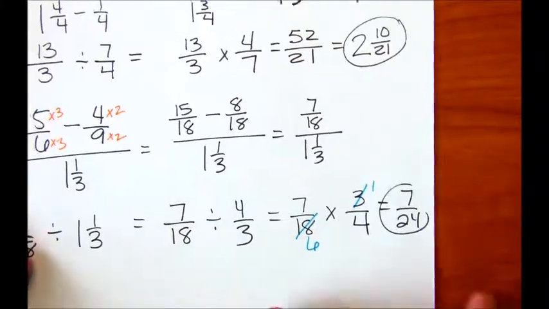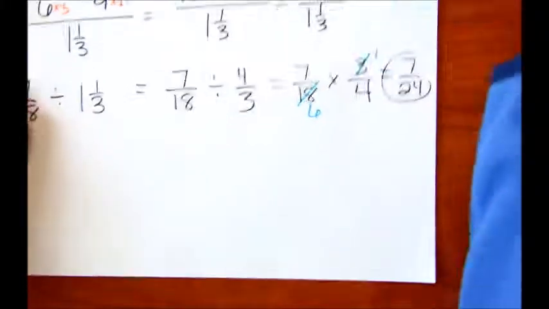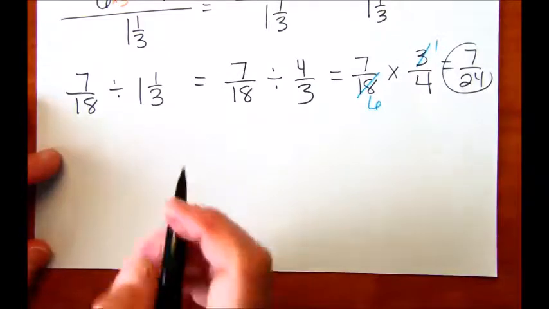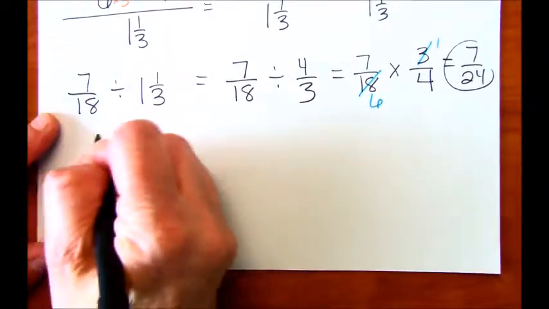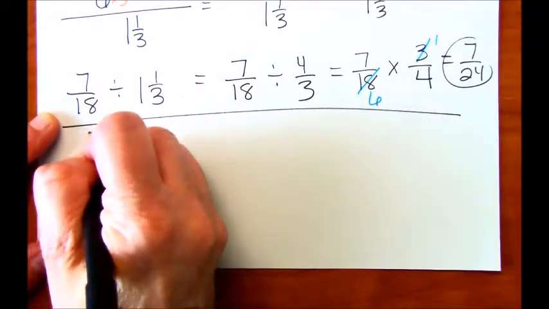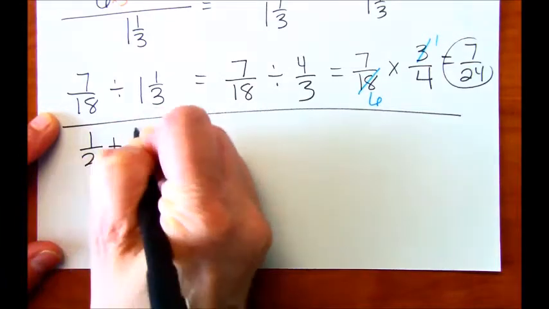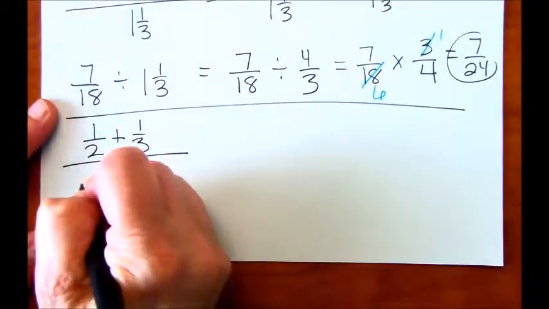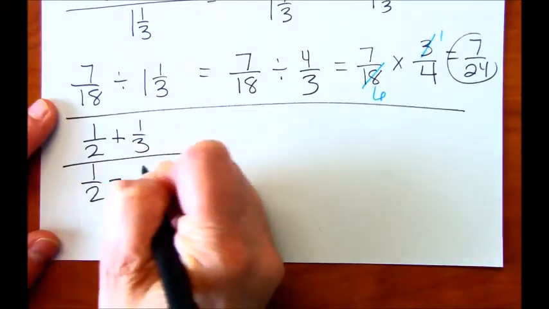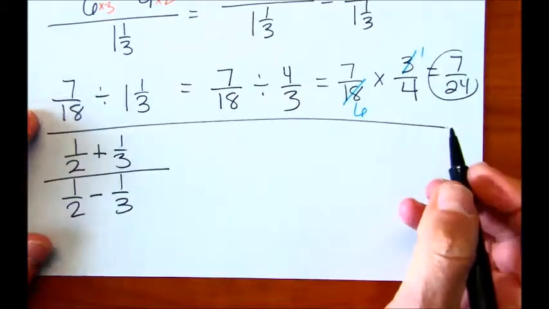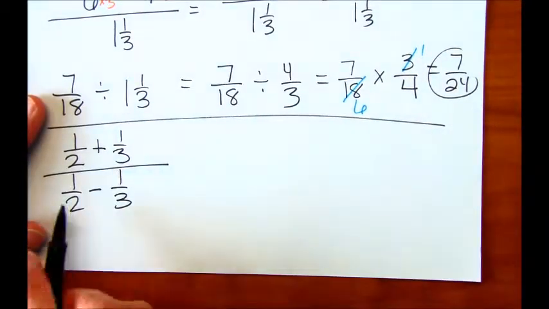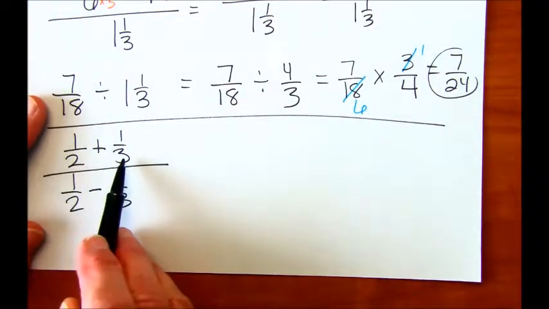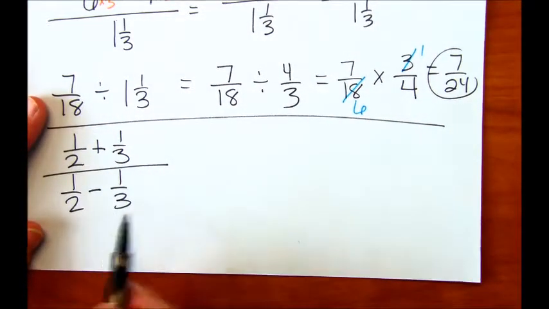Let's do one more complex fraction problem, just to give you another example. In this one, let's say we have 1/2 plus 1/3. That's the numerator. The denominator is going to be 1/2 minus 1/3. Notice we don't have common denominators for the numerator or the denominator.